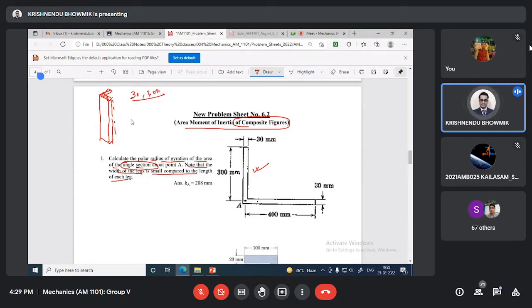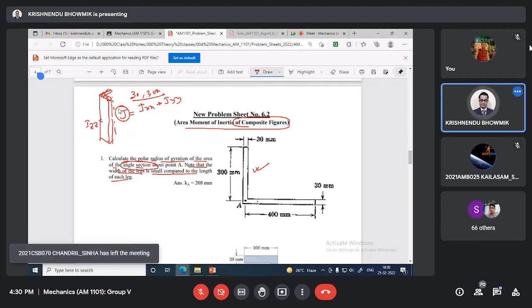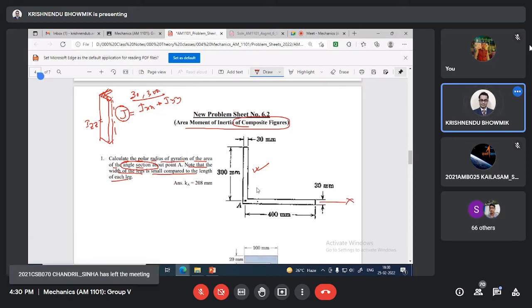Now, if I want to calculate the polar radius of gyration, let me write J as Ixx plus Iyy. Why am I using J? I know it is Izz, but writing J is better. It indicates polar.